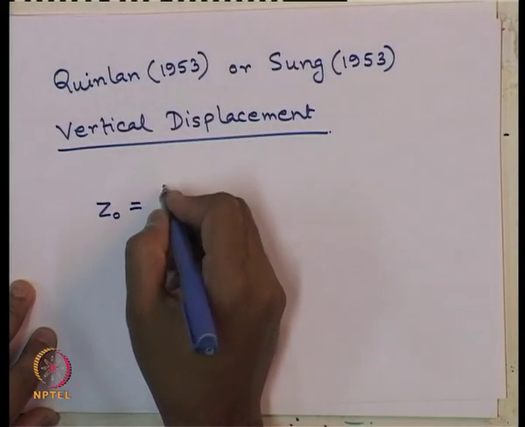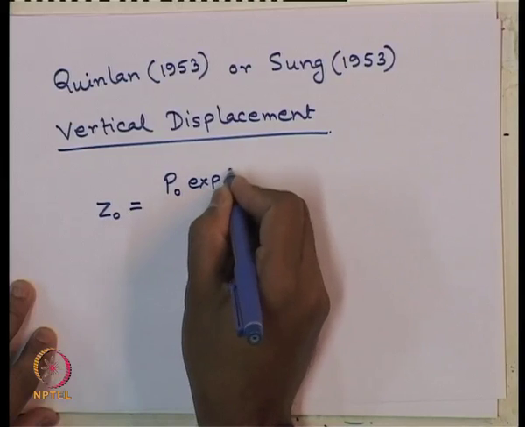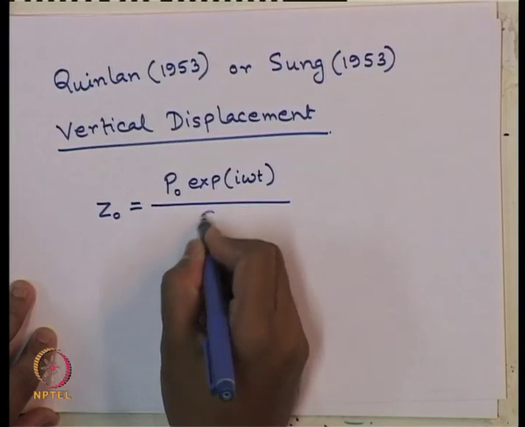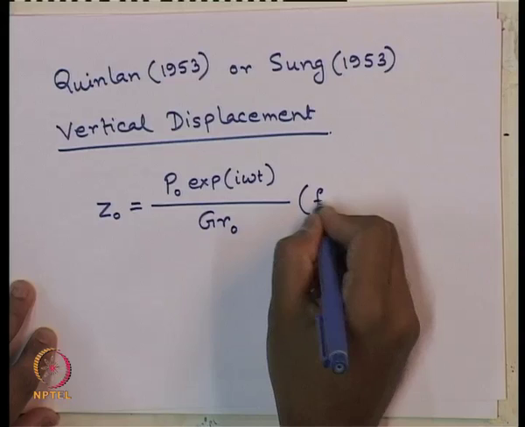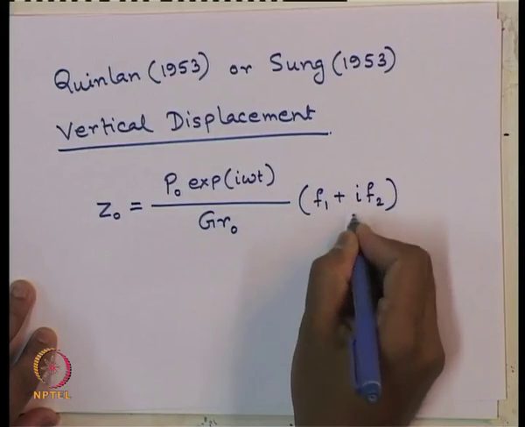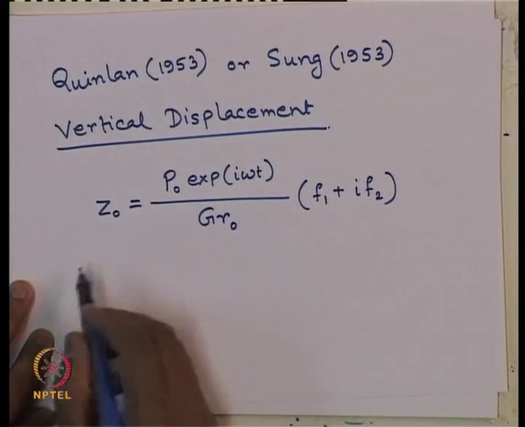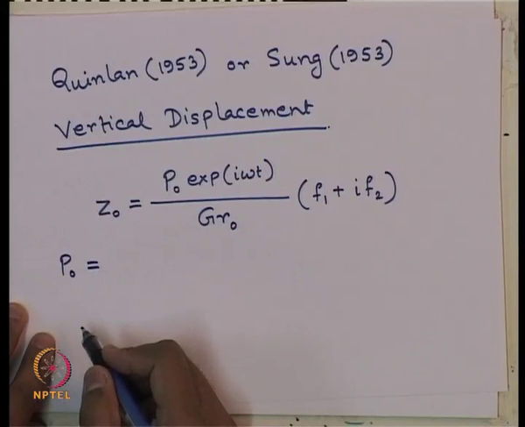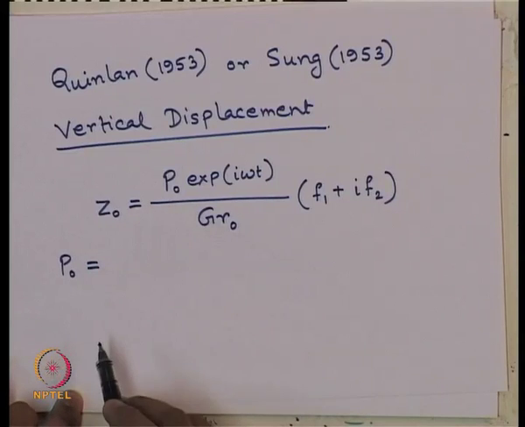Z naught is P naught exponential i omega t by G r naught times f1 plus i times f2. i is nothing but the imaginary number. In this, what are the different terms? This P naught is called the amplitude of total force applied to the circular contact area.